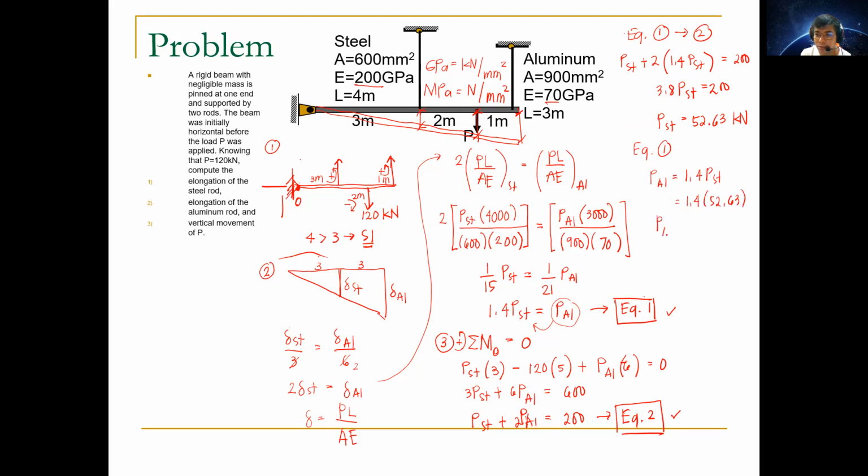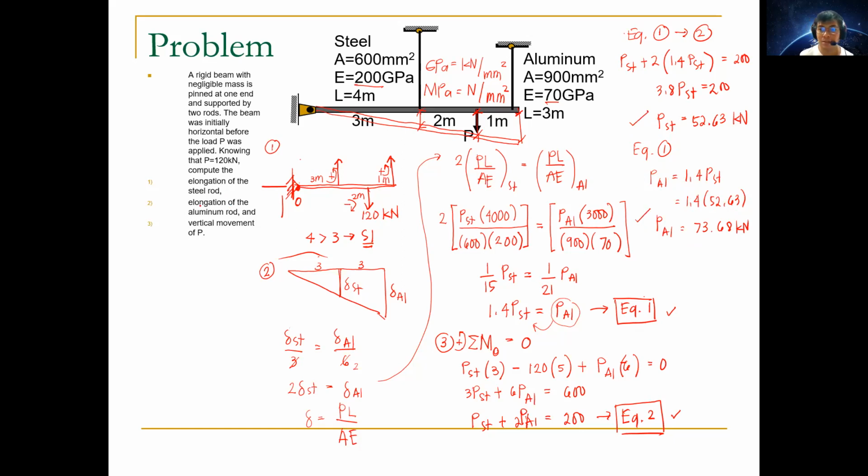So P aluminum is equal to 13.16 kilonewtons. Okay, so now we have the force coming from the steel and the force coming from the aluminum.